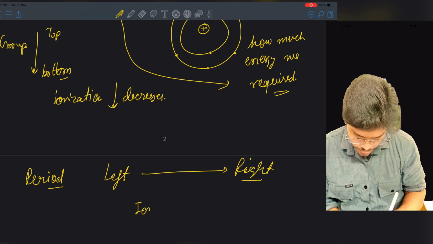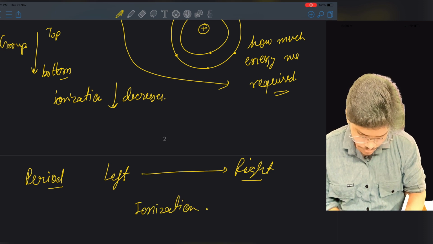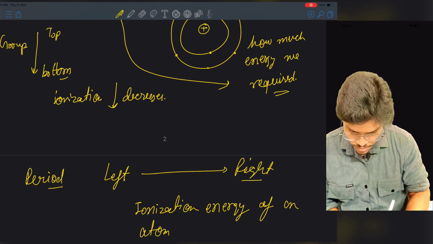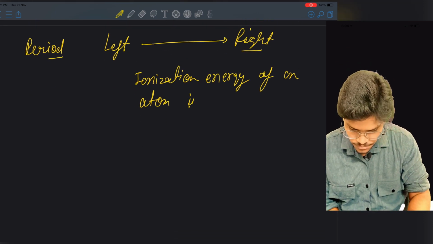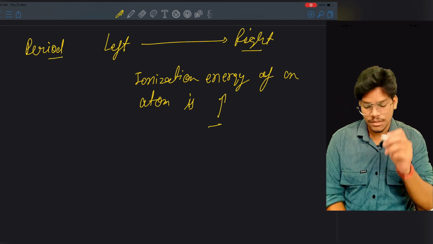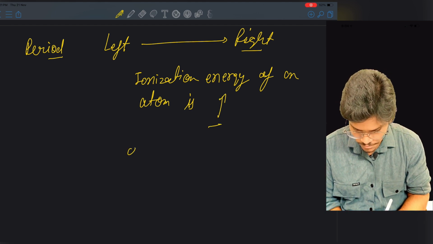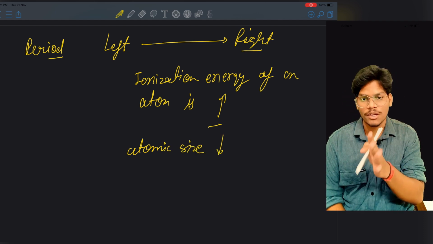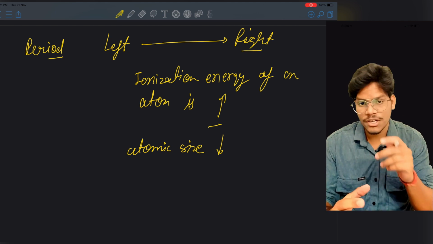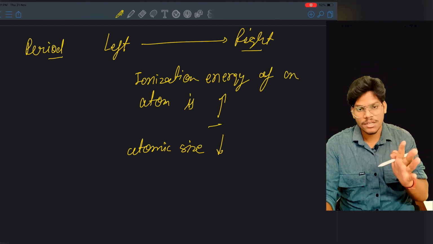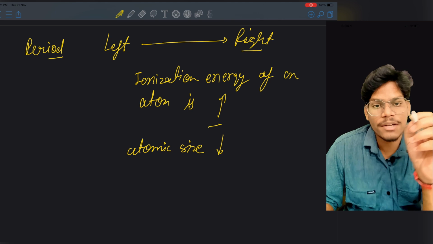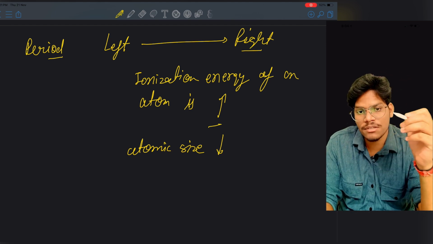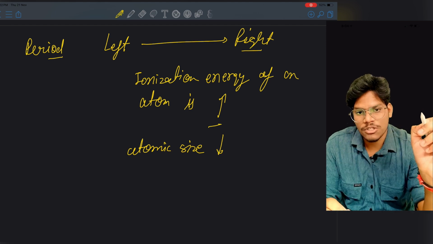Ionization energy of an atom increases because the atomic size decreases in a period going from left to right, and ionization energy also increases because the size is reduced and the attraction force increases from the nucleus to the outermost shell electron.